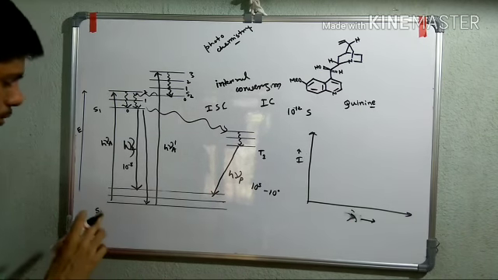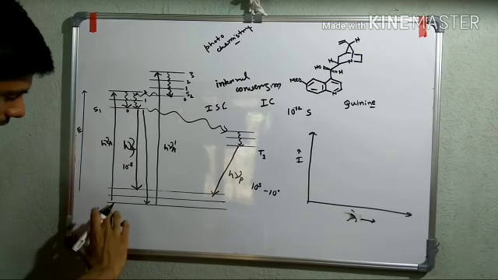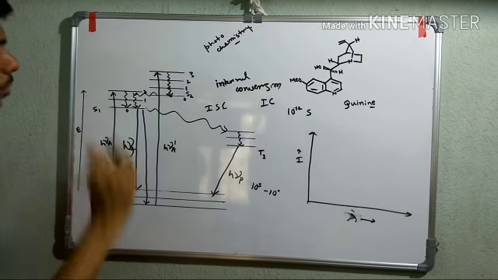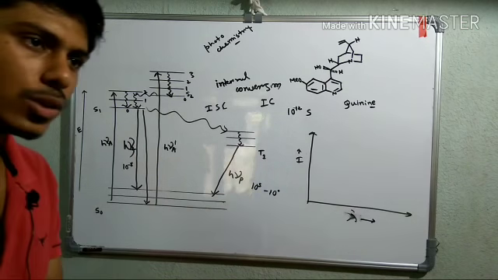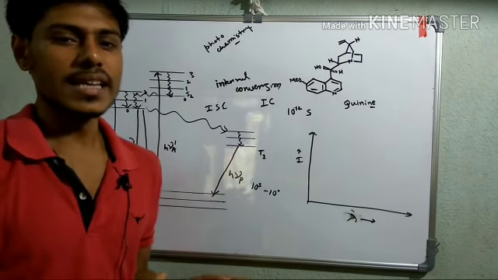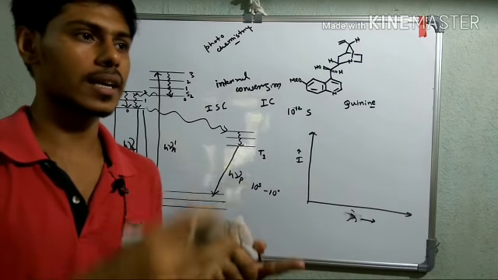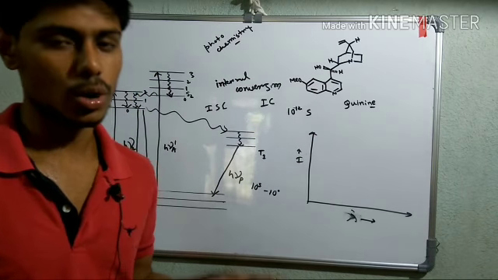If you consider the energy difference between S0 and S1 or S0 and S2, you can see the wavelength which is absorbed during the excitation of the molecule is always shorter than the wavelength which is emitted during the de-excitation of the molecule. Why?